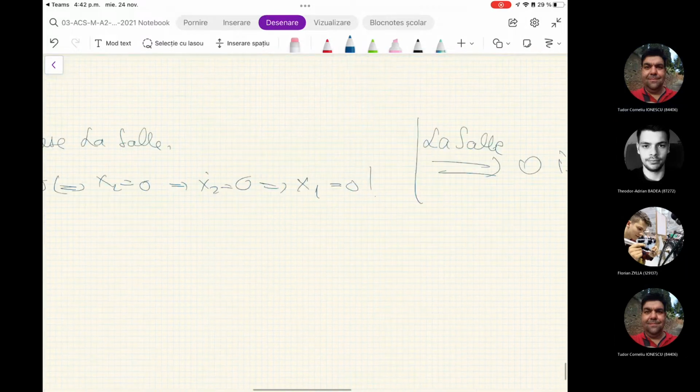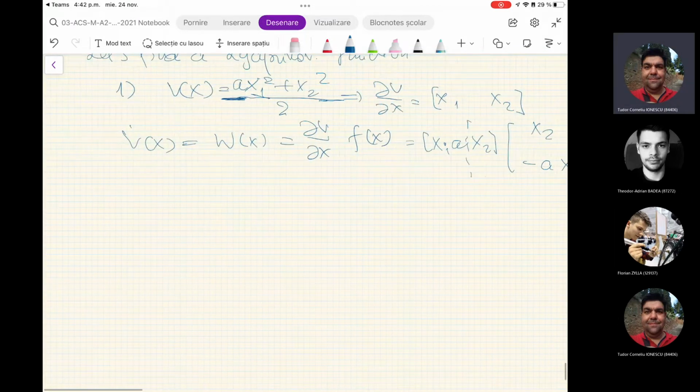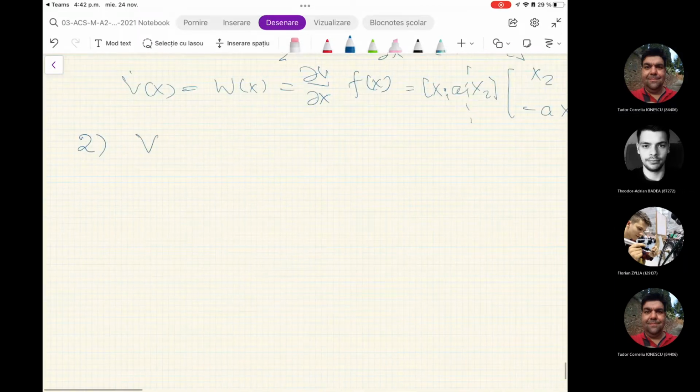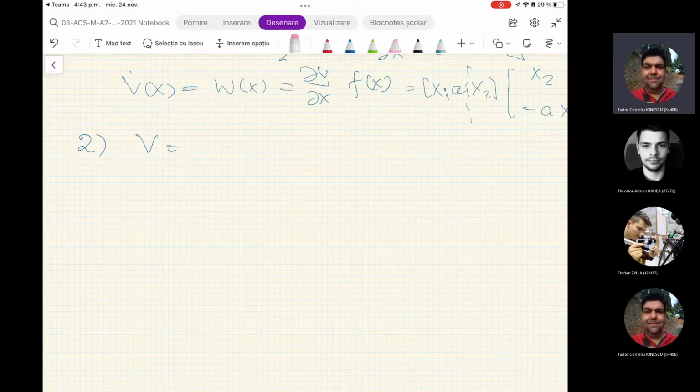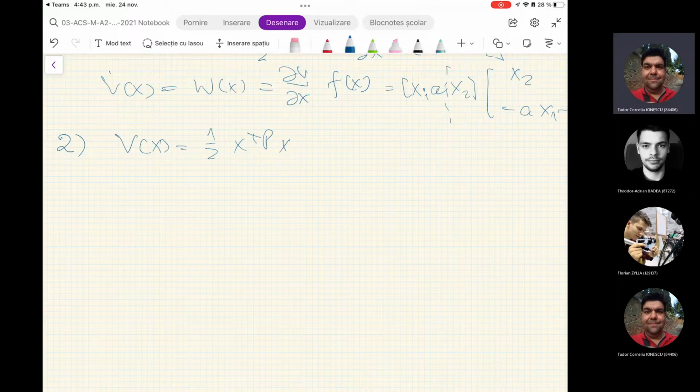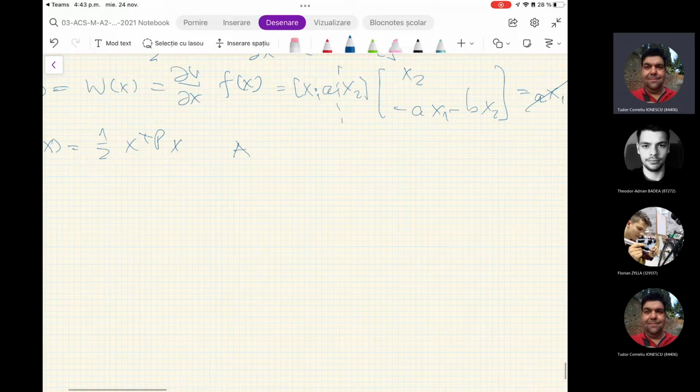On the other hand, you may choose V of x to be half x transpose Px, with P the solution of the Lyapunov equation, A transpose P plus PA equals minus Q. Let's take Q to be minus the identity, because it's the easiest way.